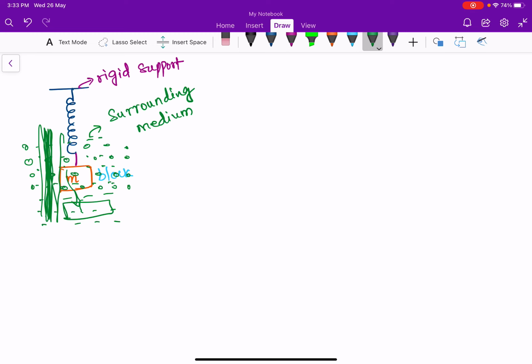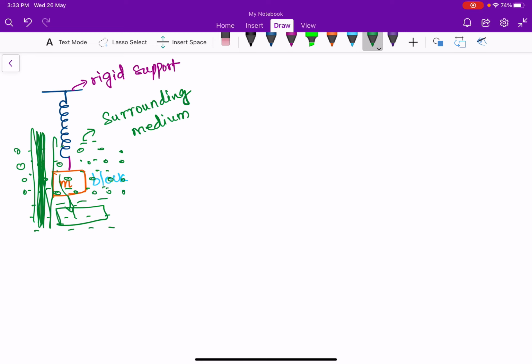That means when friction is present, when air drag is present, air drag means damping.